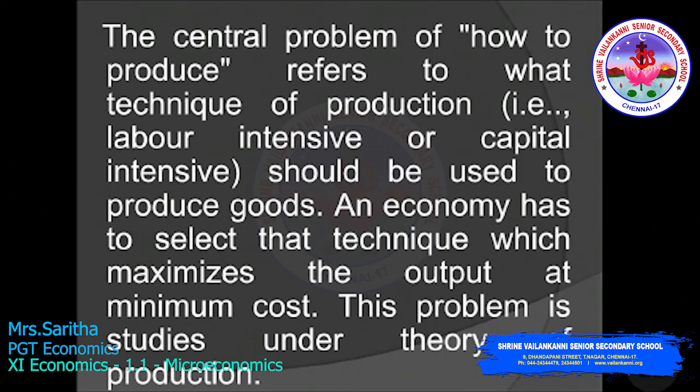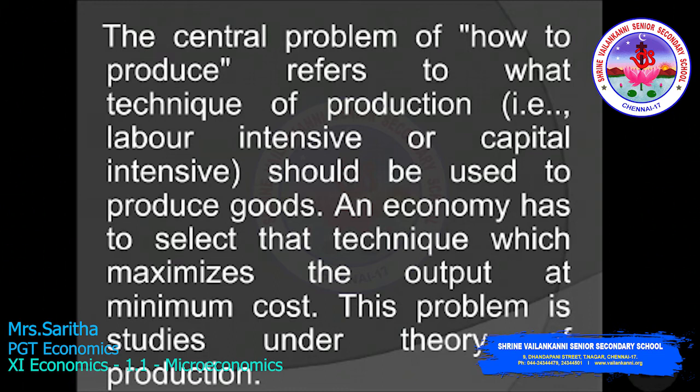What is meant by labor-intensive techniques? More labor and less capital, less capital in the form of machines, etc. What is meant by capital-intensive techniques? There is more capital and less labor utilization.